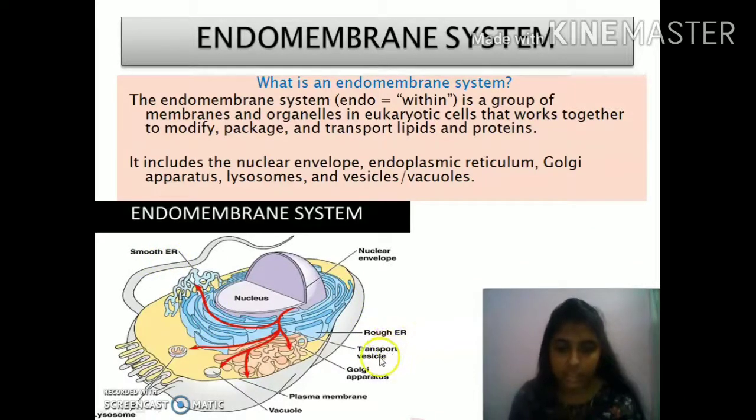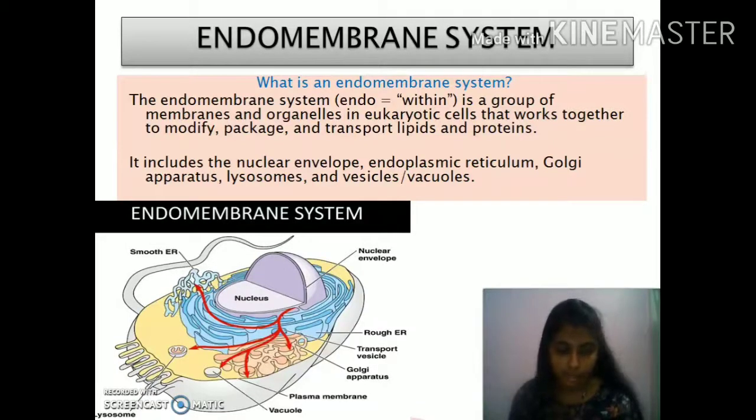Then the different types of transport vesicles, then vacuoles, which we have already studied, and then the Golgi apparatus. All of this together forms a combined system termed the endomembrane system. And what is the main function? The main function of the system is to modify, pack and ultimately transport important biomolecules like proteins or lipids out of the cell.